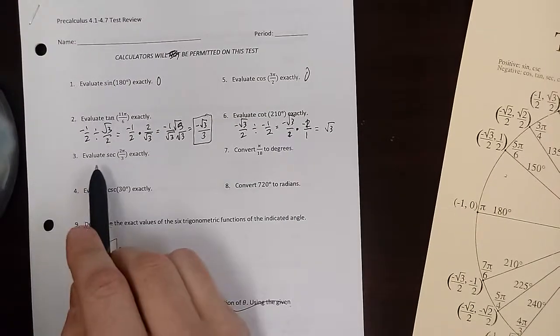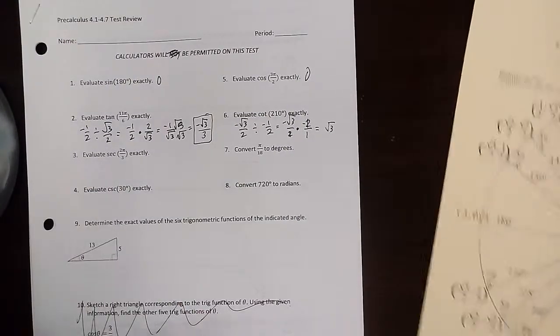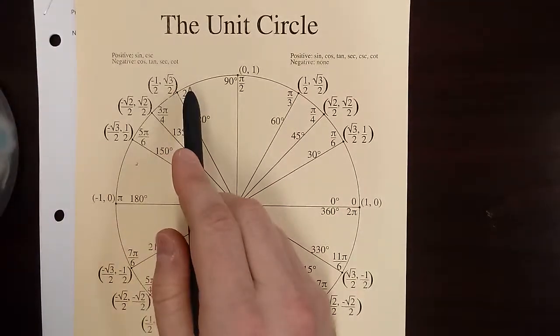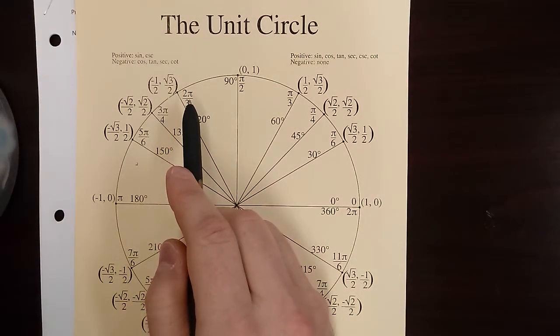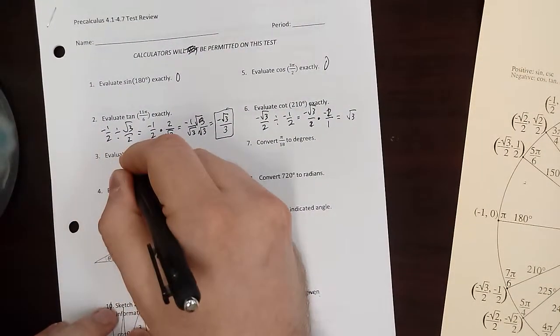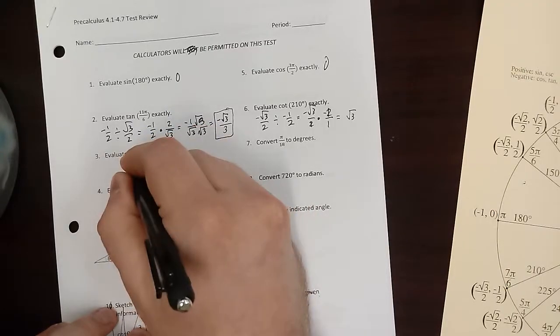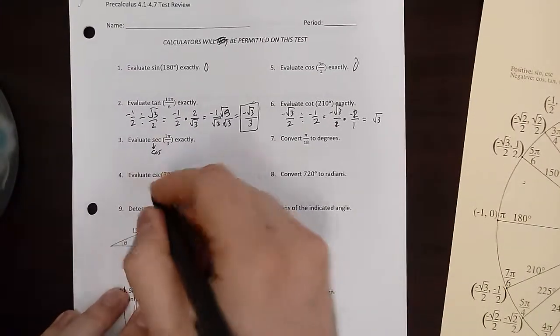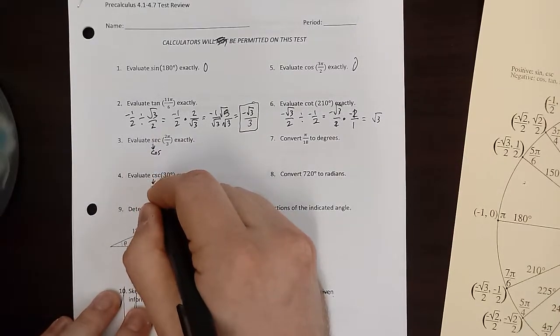All right, let's see. Evaluate the secant of 2 pi over 3. So we'll go to 2 pi over 3, secant. Secant has to do with cosine. Remember that secant, cosine, they don't start with the same letter. So secant goes with cosine, and cosecant goes with sine.